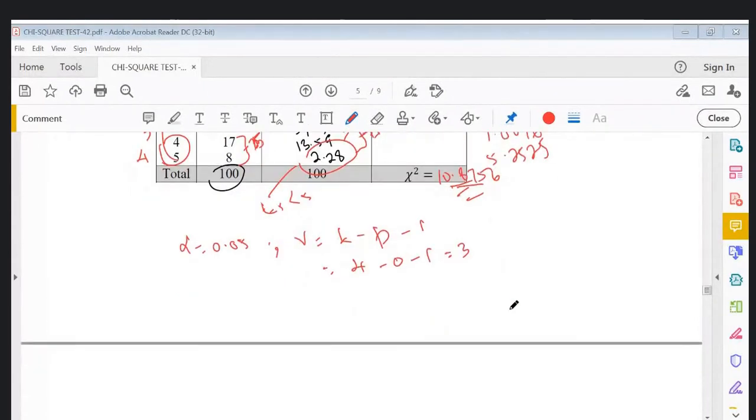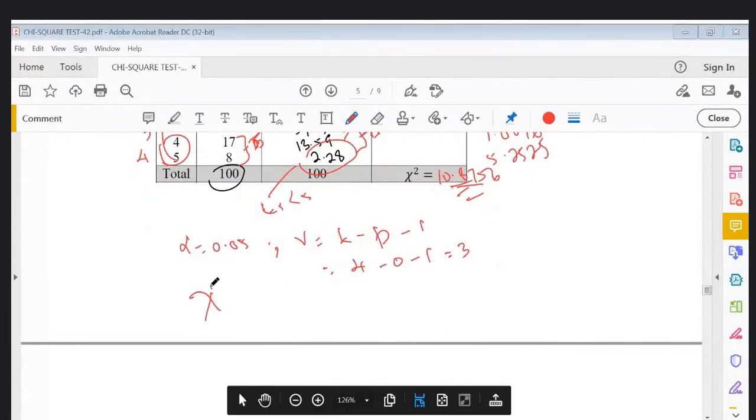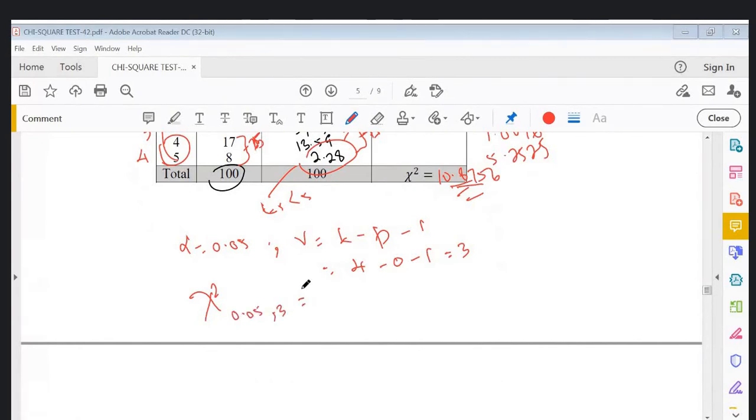Okay, try to find the chi-square value. Chi-square 0.05 with 3 degrees of freedom, what is the value? Look from the table.